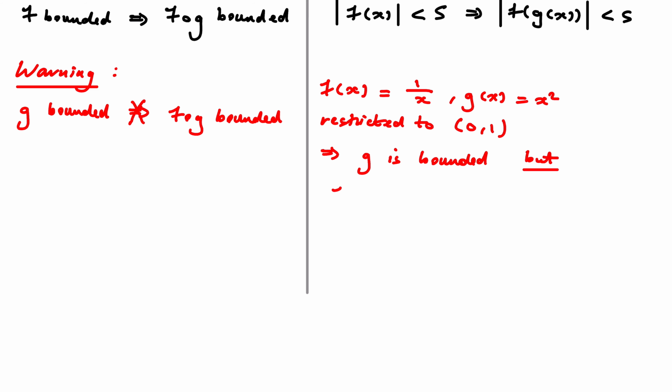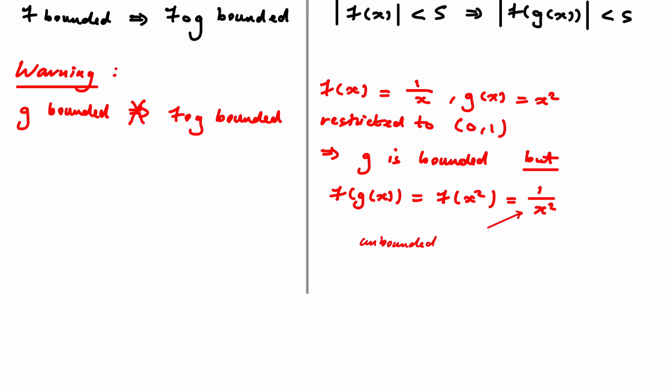But if I do the composite, what's this equal to? The composite is f with the input replaced by x squared, and this is 1 over x squared. Same logic as 1 over x. This thing is unbounded.